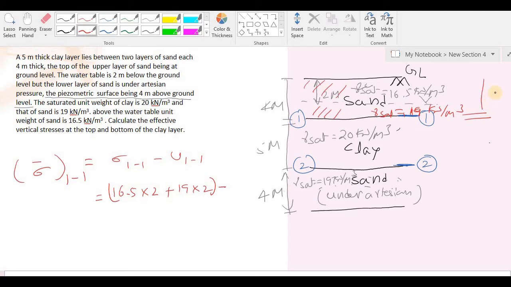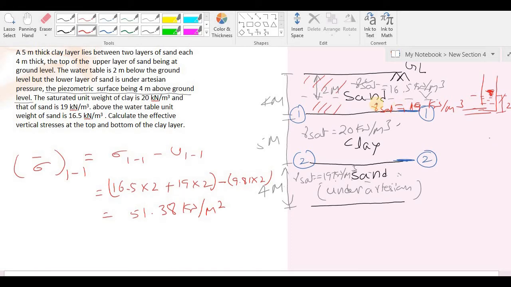So if we place a piezometer here, the water will rise till this height, which is 2. So minus 9.81 into 2. Don't take 10. If you calculate this, you will get 51.38 kilonewton per meter square. So this is at the top of the clay layer.